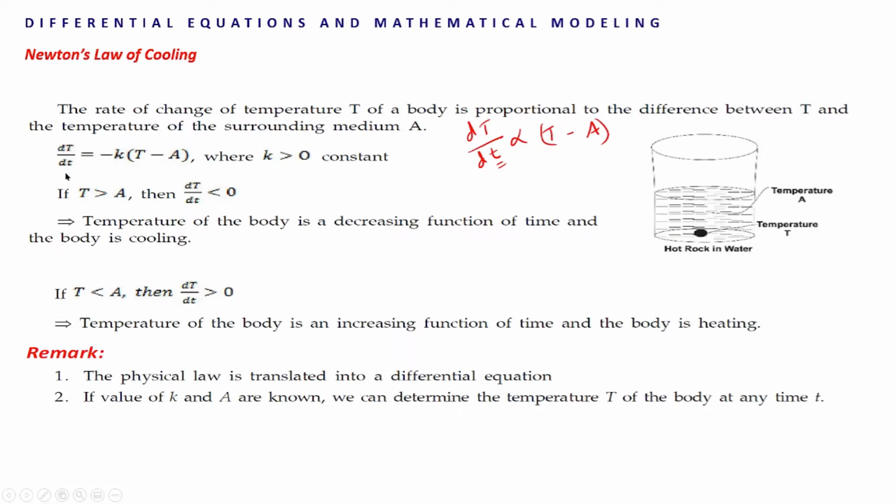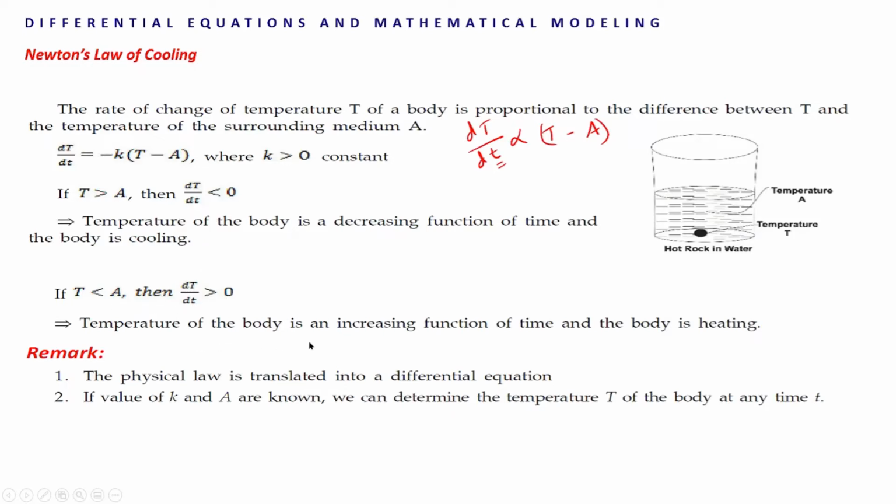So we can write dT by dt equal to minus k into T minus A, where k greater than 0 is a constant. If the temperature of the body is greater than the temperature of the surrounding medium, if T is greater than A, then we have dT by dt less than 0, which means the temperature of the body is a decreasing function of time and the body is cooling. On the other hand, if the temperature of the body is less than the temperature of the surrounding medium, then we have dT by dt greater than 0.